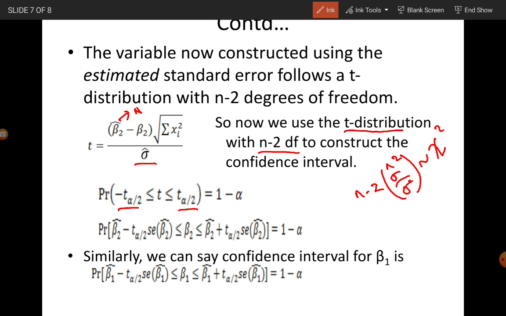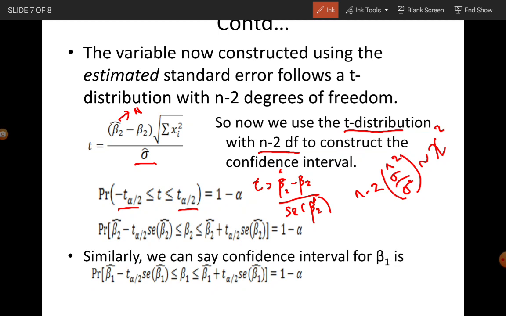This is the part that you have already covered in your quantitative techniques paper in first year of PG, right? So now, in general terms, my statistic t is equal to beta 2 hat minus population beta 2 divided by standard error of beta 2 hat.